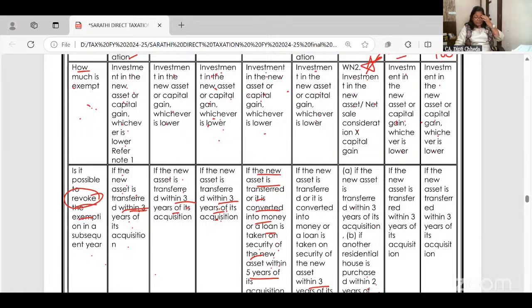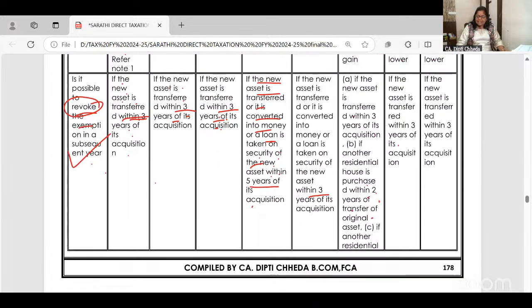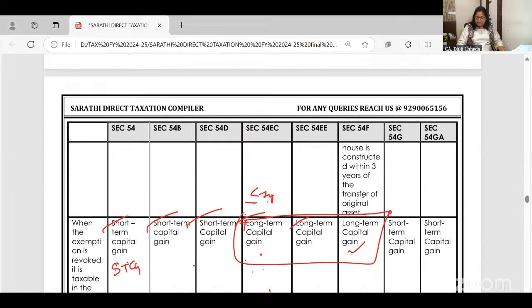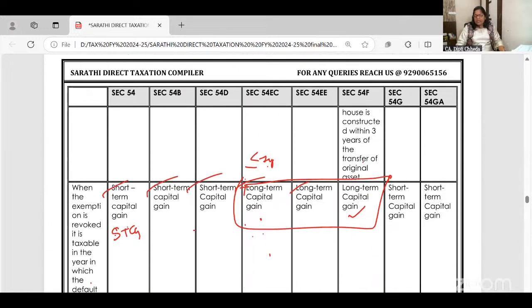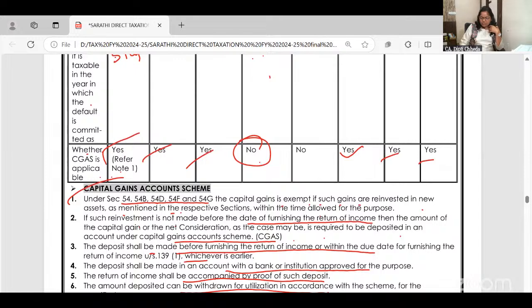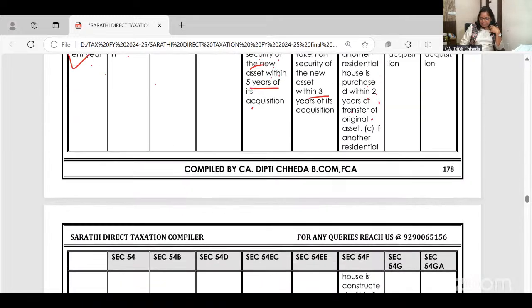Is it revoked? Yes. If land, building, plant and machinery acquired in the rural area or SEZ is sold within 3 years, once you have shifted, you should at least run that unit for 3 years. It will be taxable as short term and CGS is applicable.